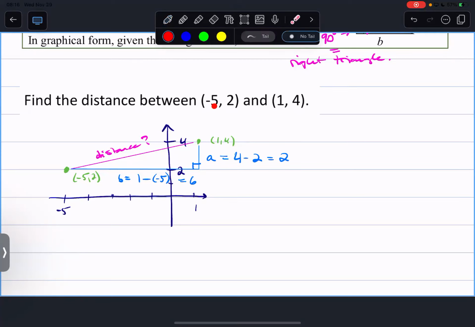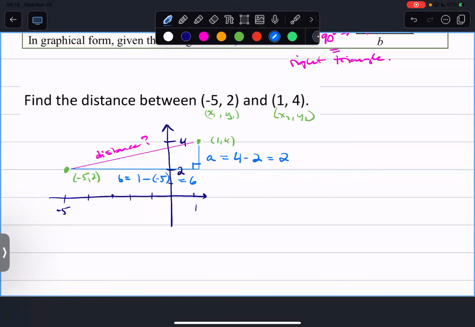We could rewrite this as x1, y1, x2, y2, which means that we did y2 minus y1 to find the distance on the y-axis.